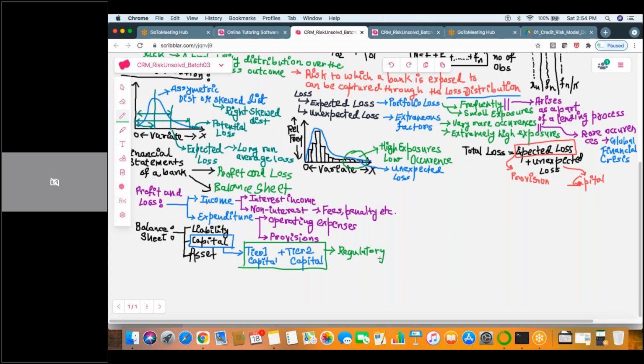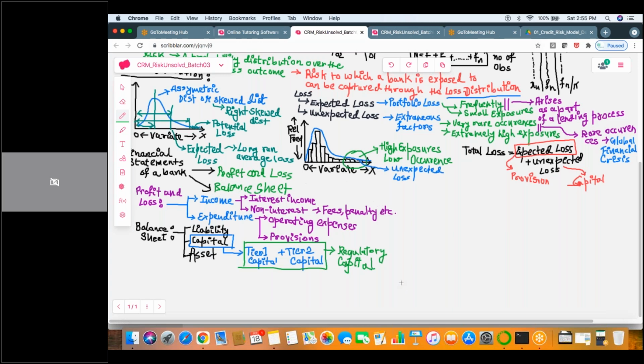So over here, we are concerned about this regulatory capital, which is the sum of the tier one plus the tier two capital.